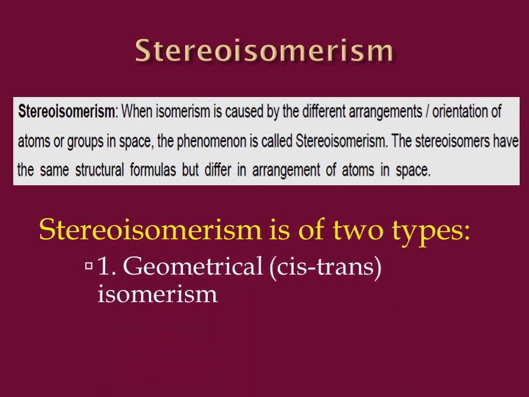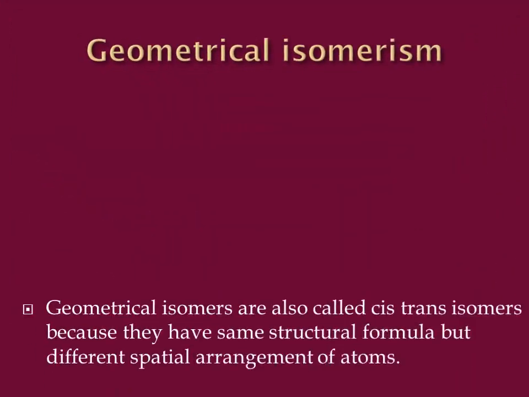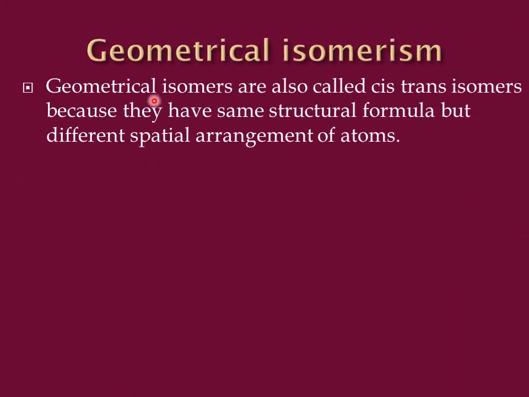Now students, let us start with geometrical isomerism. Geometrical isomers are also called cis-trans isomers because they have the same structural formula but different spatial arrangement of atoms, meaning the atoms are arranged in three-dimensional space.